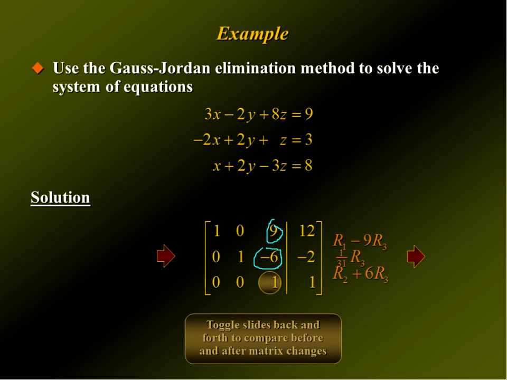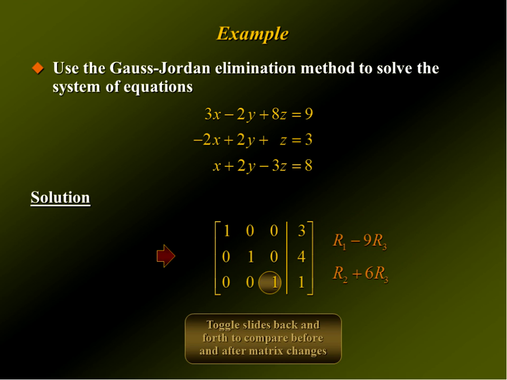Then we apply some operations, and we get 0 in the other places. This is the Gauss elimination method. With the help of this method I can get the solution. So the solution is x is equal to 3, y is equal to 4, and z is equal to 1. So this is one type of solution.